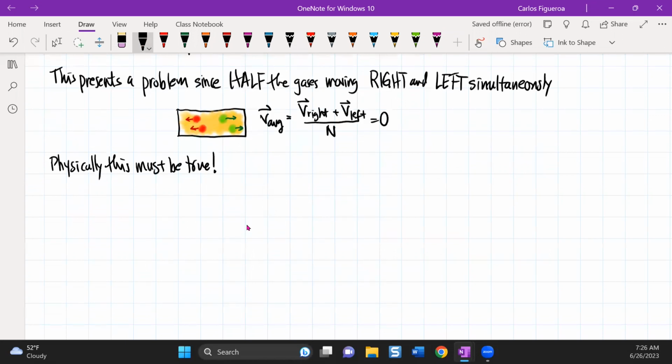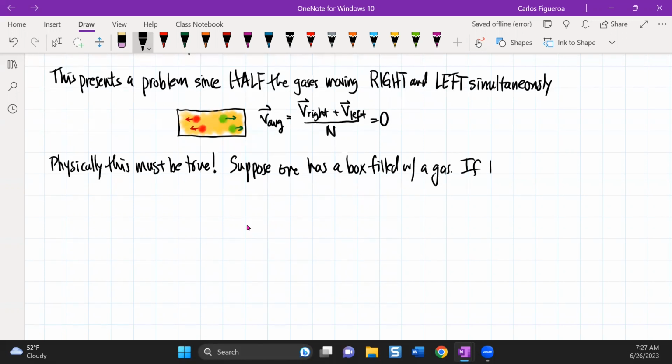Why? Suppose one has a box filled with a gas. How about a box of air? Let's say that you have an empty box on the table and it's filled with air.